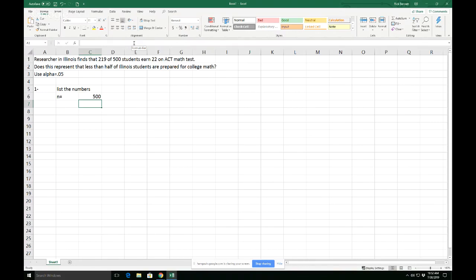Because we're looking at a proportion of 500, so it's part of the sample. That's the correct answer. 500 students are your sample, right? There's more than 500 students in Illinois, aren't there? Sure there are. So in this case, p hat equals 219 divided by 500.